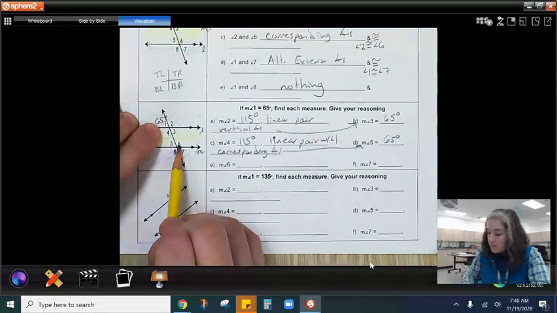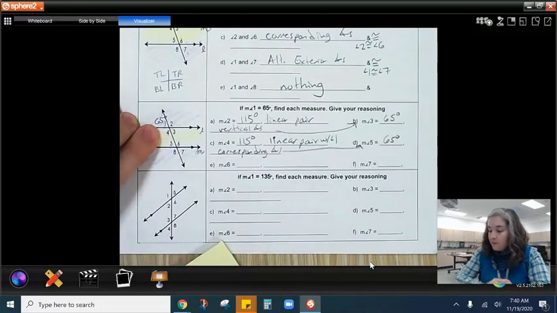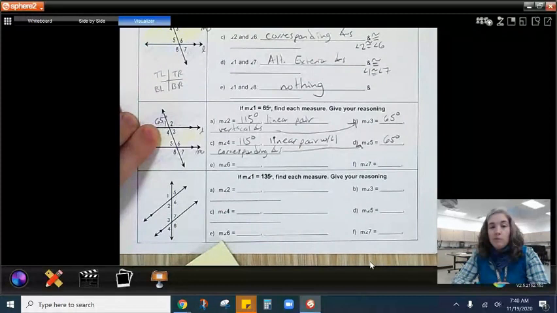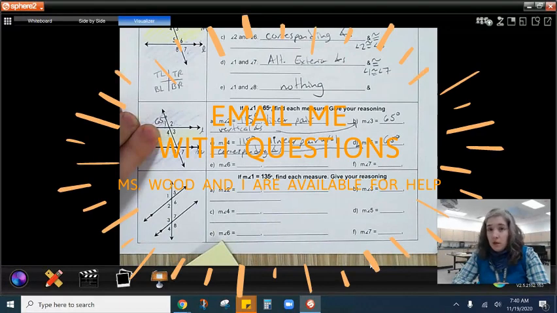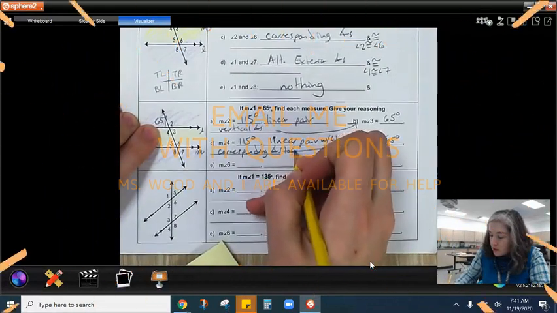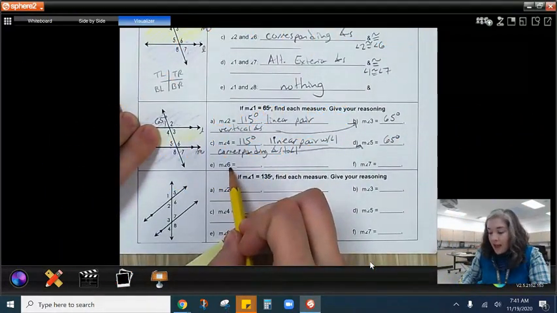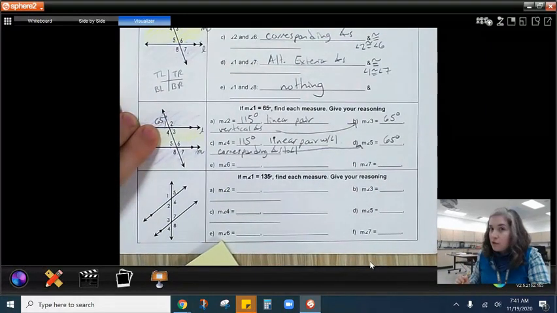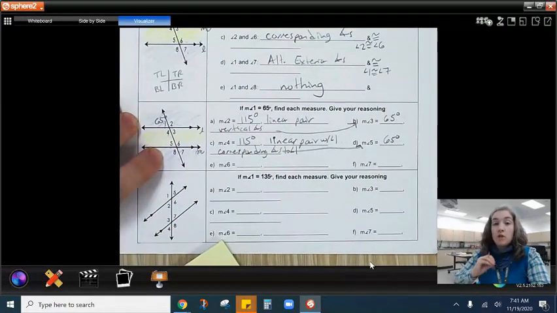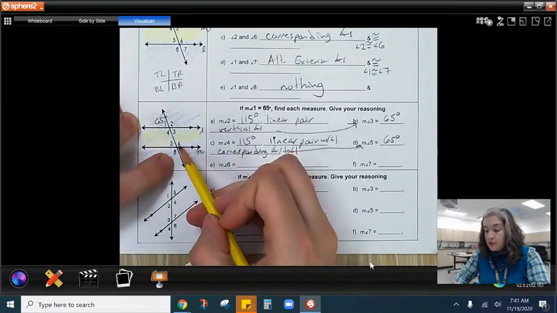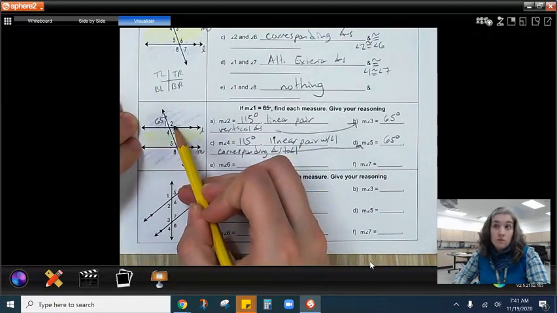So angle 6 and angle 1, they're not in the same position because we already did corresponding. One of them is on the interior and the other one's on the exterior. So angle 1 and angle 6 don't actually have a relationship. But angle 6 has a relationship with other angles. So for example, if we wanted to take a look at corresponding angles, angle 6 corresponds to angle 2, right?